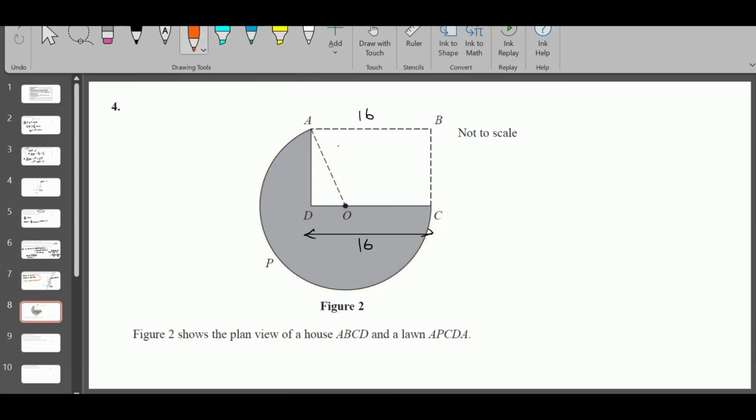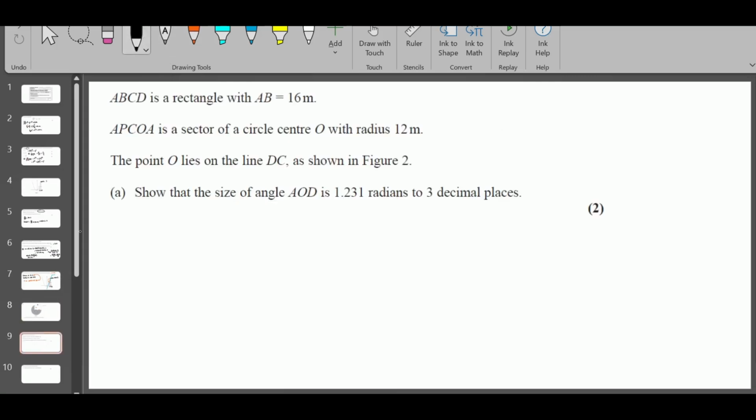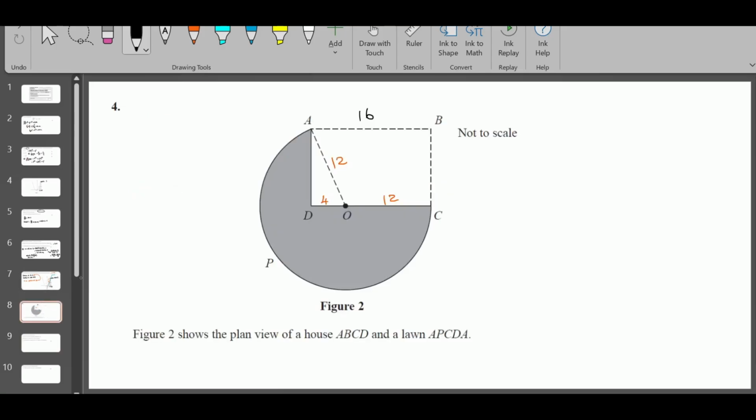So this is 12. OC is also 12. The total length is 16. So if this is 12, this will be 4, right? Okay. And then point O lies on DC. As you can see, as shown in figure, point O lies on DC, right? This is the point O.